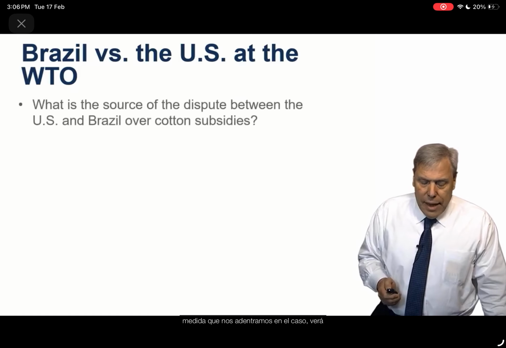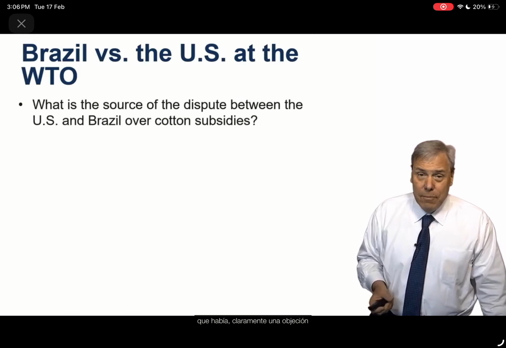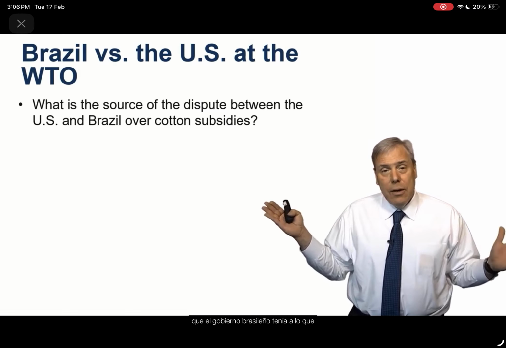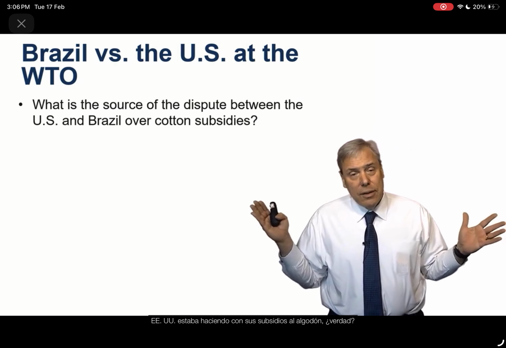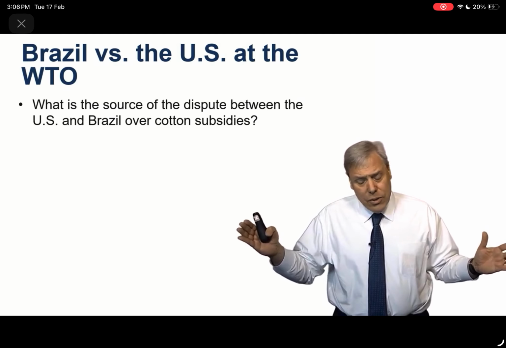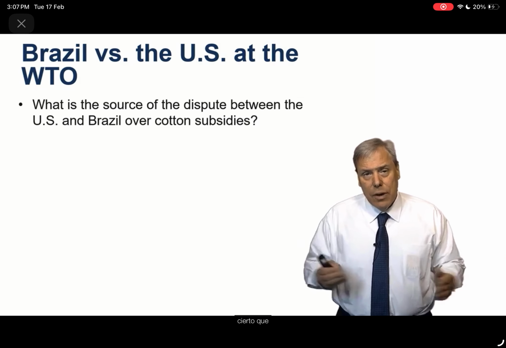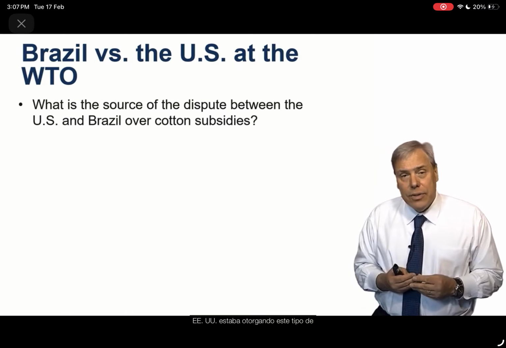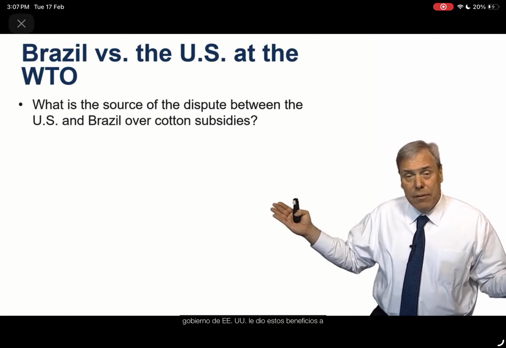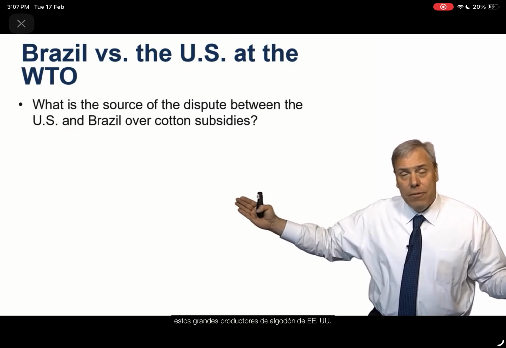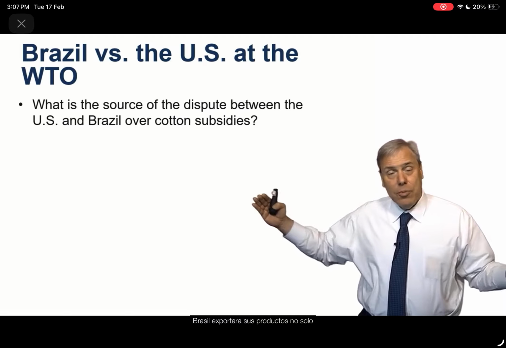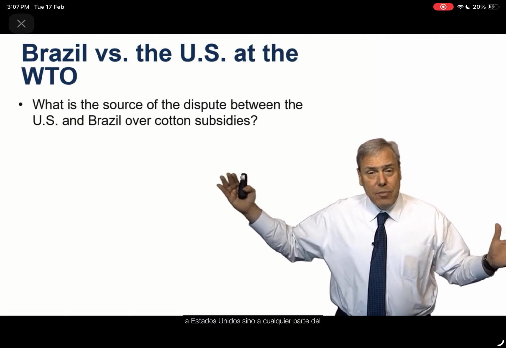As we get into the case, you'll see that there was clearly an objection that the Brazilian government had to what the U.S. was doing with its cotton subsidies. And the main dispute, which you'll see in the case, was that the U.S. government was giving these financial benefits to these big U.S. cotton farmers that really made it difficult for Brazil to export its products, not just to the United States, but to anywhere in the world.